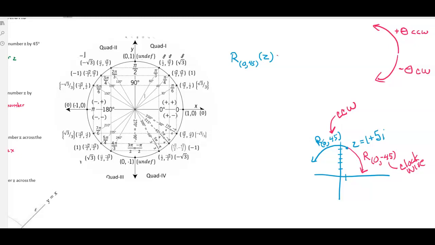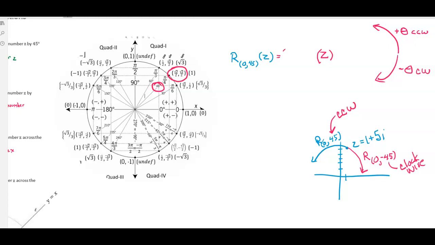All right, well, how do you do that? Well, you take the point, in this case, the point's called Z, and you go to 45 degrees right here, and you take the two coordinates, and you make a complex number out of them.